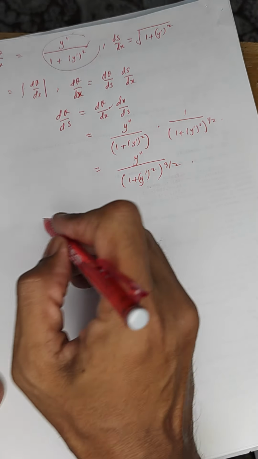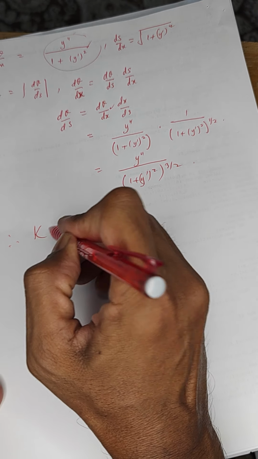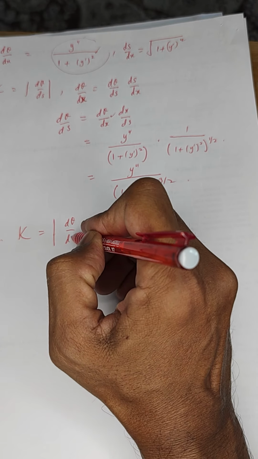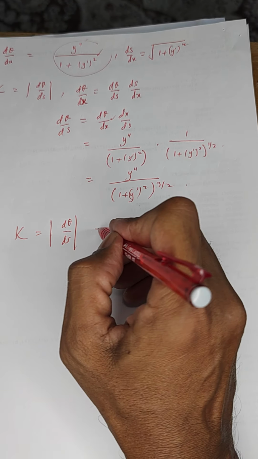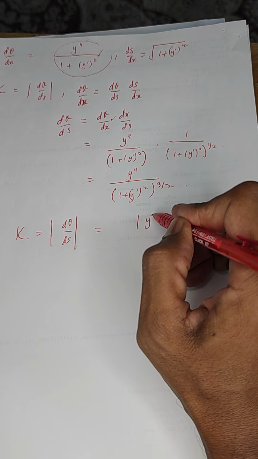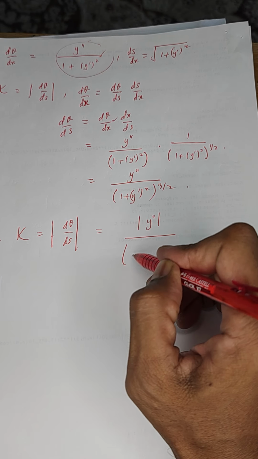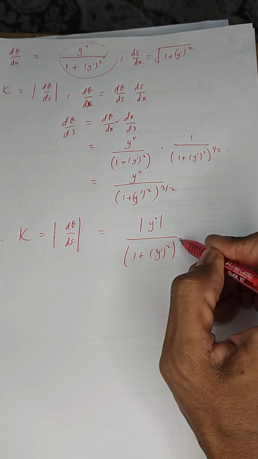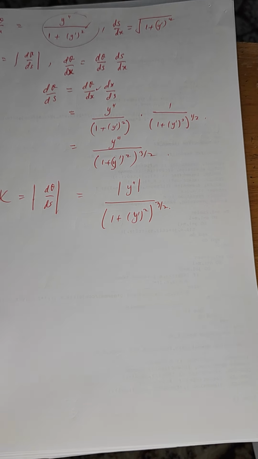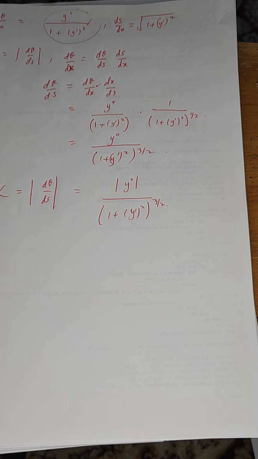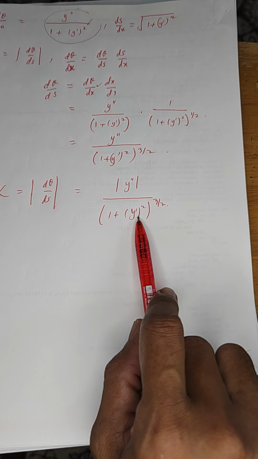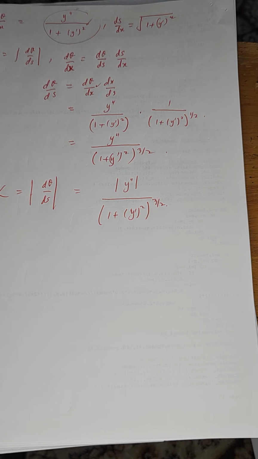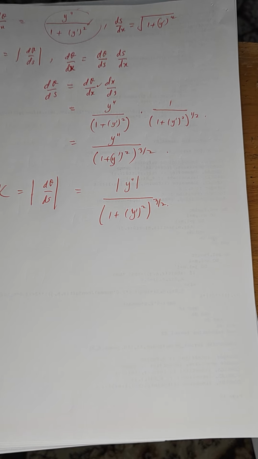So kappa is the magnitude of that, which gives the magnitude of y double prime over 1 plus y prime squared to the 3 over 2. Because here you have squared, it's always positive, so we don't bother with the modulus sign.